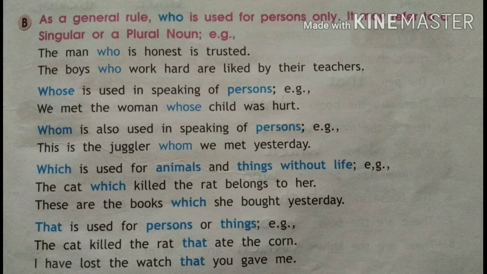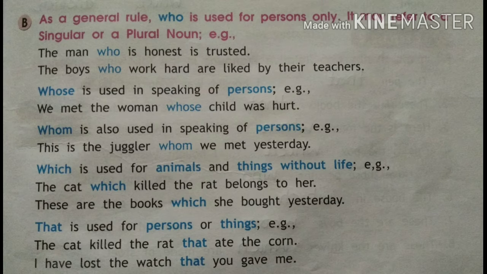The next one, whom, is also used in speaking of persons. For example, this is the juggler whom we met yesterday. So when we are speaking about a person, we can use two types of relative pronouns, that is whose and sometimes whom. Now, which is used for animals and things without life.